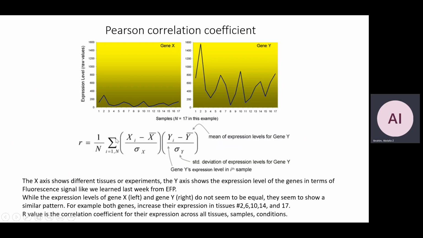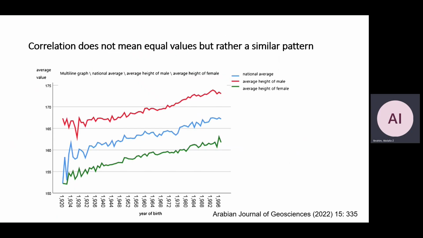For each gene, it looks at the expression in all tissues, all times, under all conditions. So this is my gene. It compares it to gene Y under all conditions, all tissues, all abiotic stresses, all biotic stresses, and it gives you a value. It tells you how the patterns of these two genes match.